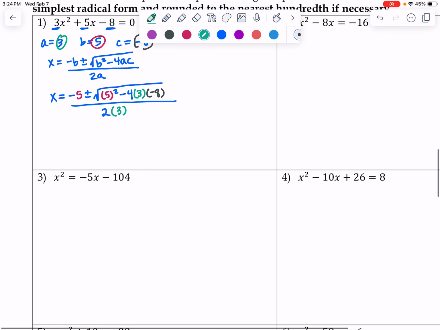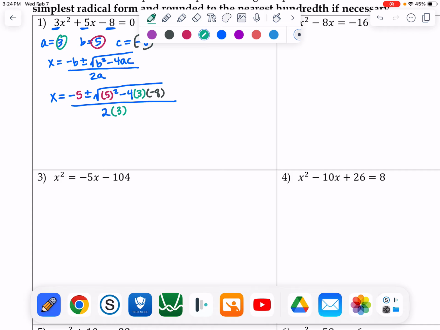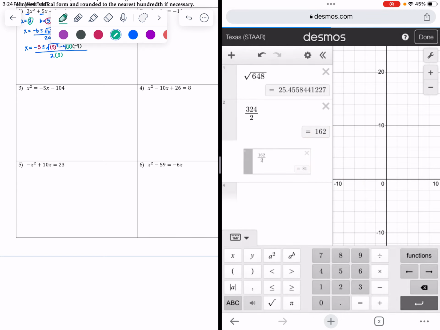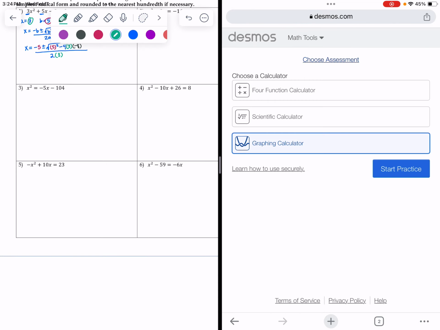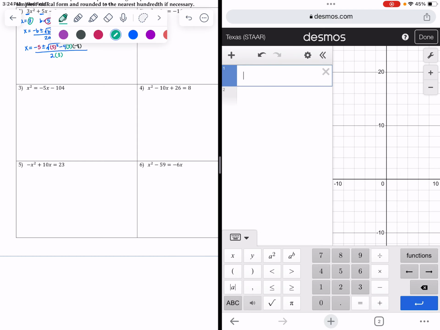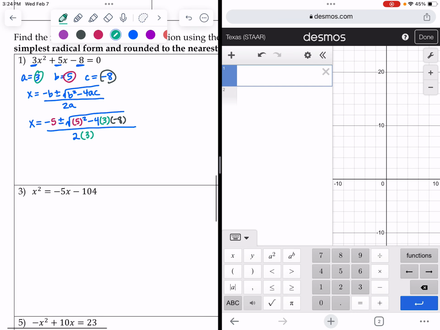Okay, once I get everything plugged in, we can use our calculator, which for us is Desmos, and start number crunching. So I go ahead and leave part of it. x equals, I'm going to leave that negative 5 out front.